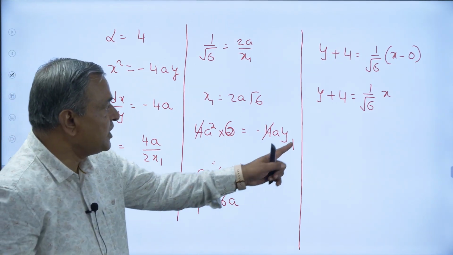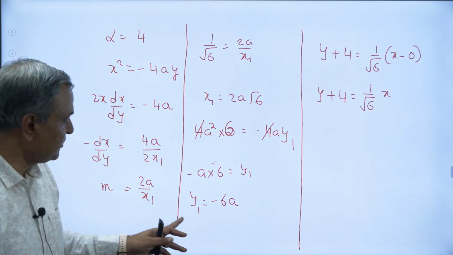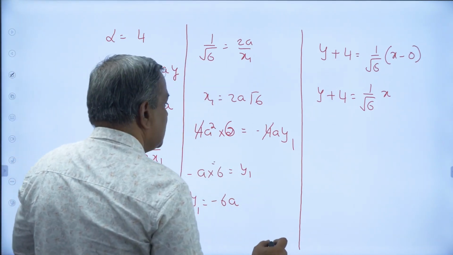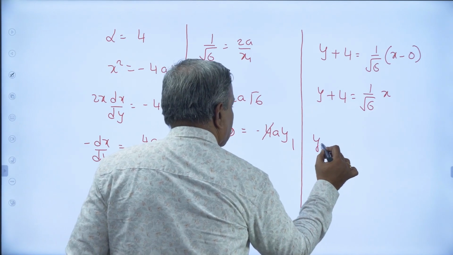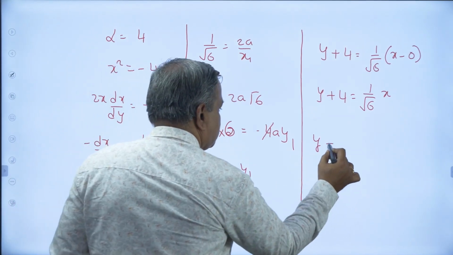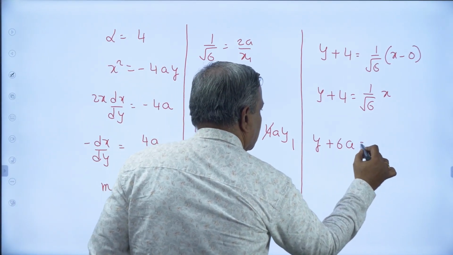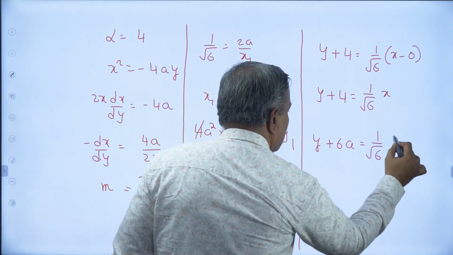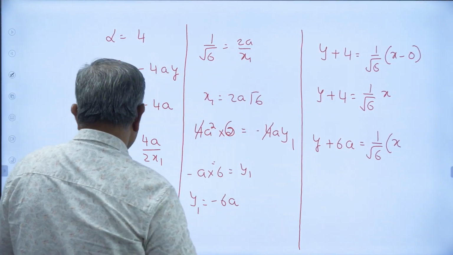Now we know these points. If you substitute the points, what is the normal equation otherwise? The normal equation is y minus y1, that is y plus 6a, is equal to m, which is 1 by root 6, into x minus x1. What is x1?